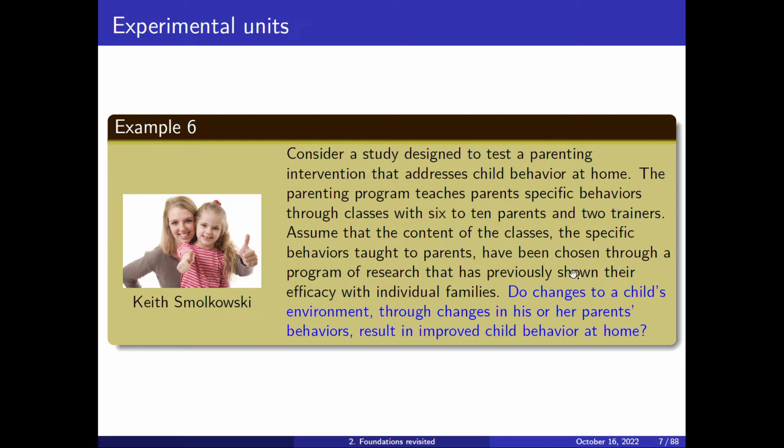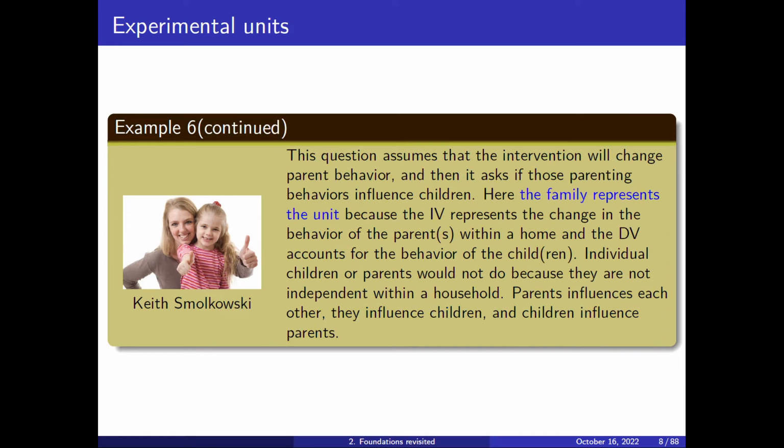So do changes to a child's environment through changes in his or her parents' behaviors result in improved child behavior at home? That is your research question. This question assumes that the intervention will change the parent behavior, and then you're asking if those parent behaviors are influencing their children.